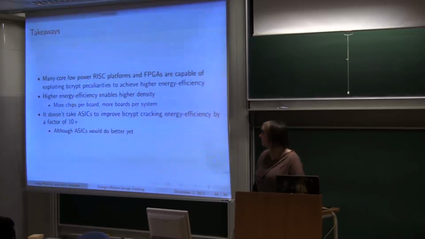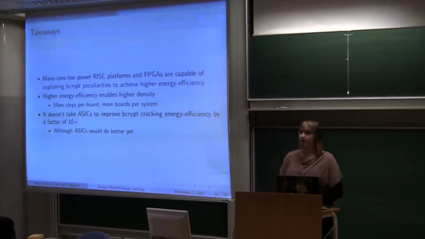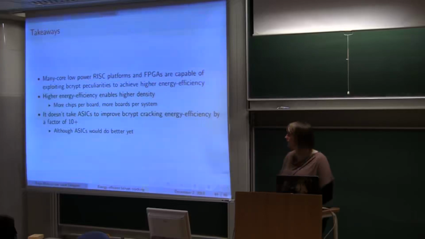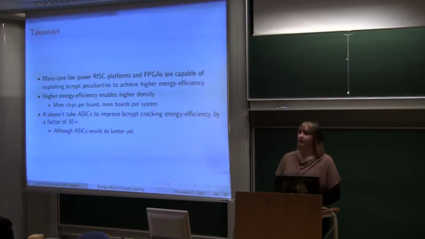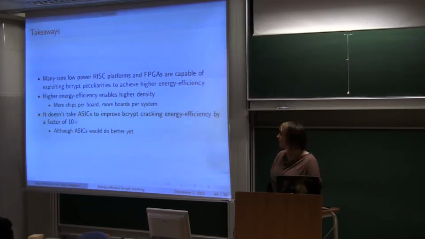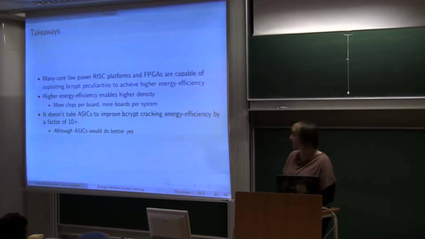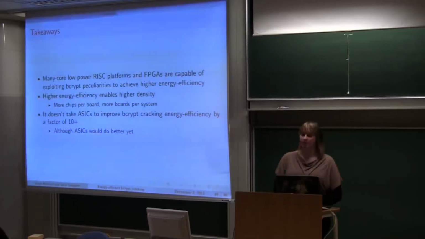What's also important is that higher energy efficiency enables higher density, because we can have more chips per board and thus more boards per system. And we did all this and we didn't use ASICs. And we still got energy efficiency that's bigger by a factor of 10 plus than on some other platforms. But ASICs would do better.